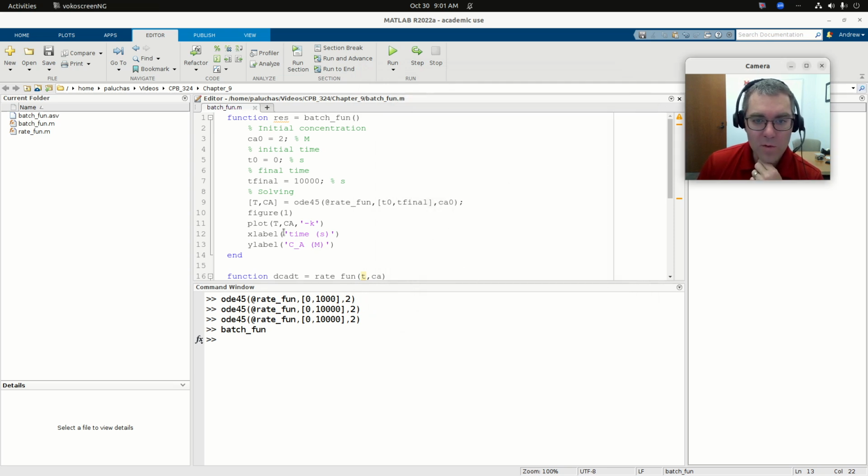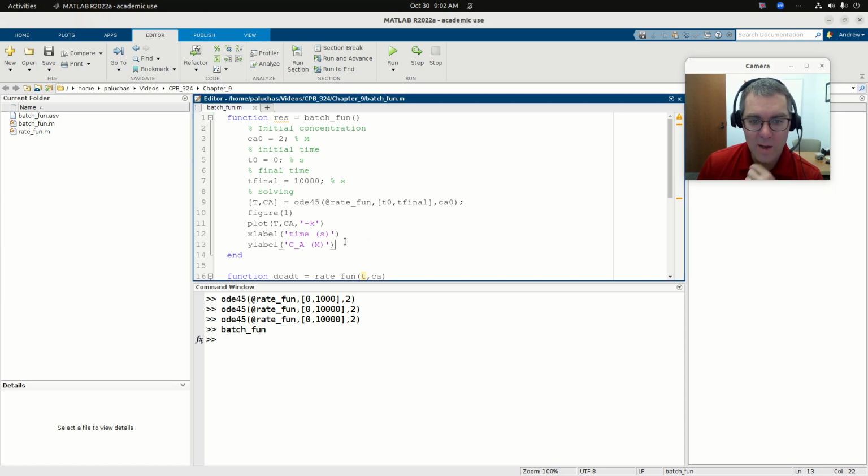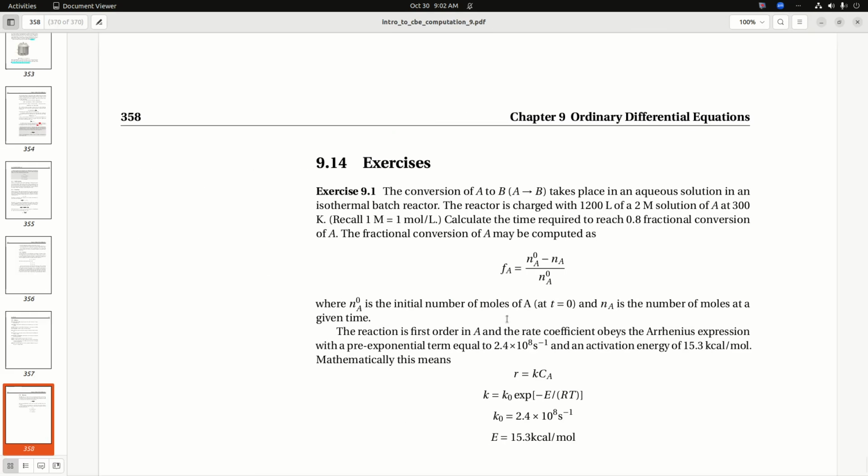In terms of tweaks, that's my concentration, but the problem asks for things in terms of fractional conversion. So what I'm looking for is Na naught minus Na. All the moles of A that enter my reactor, and then the moles coming out.